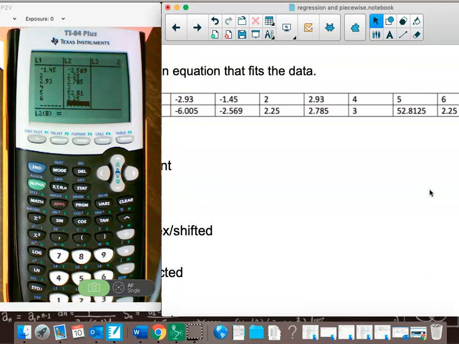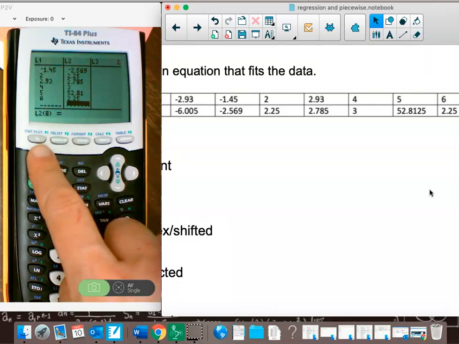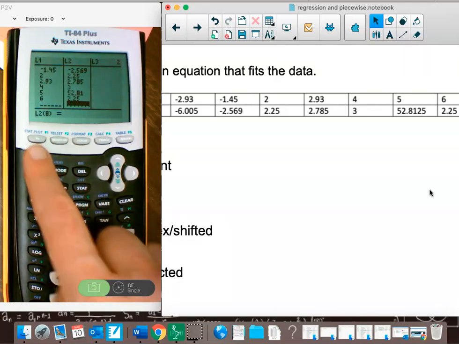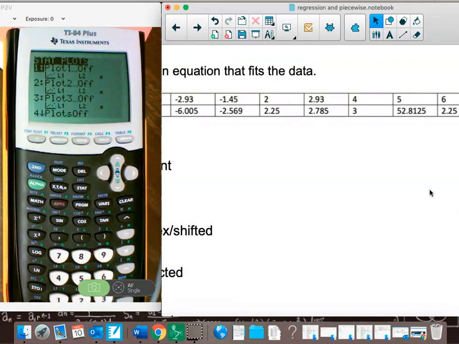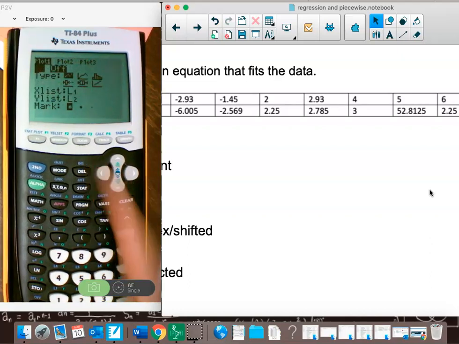Do any of these numbers seem out of place? The 52.81 seems out of place. We're going to go ahead and graph this just to see what it looks like. To graph, remember, you probably all have your stat plot still turned on. If you don't, hit second y equals and make sure it's turned on.